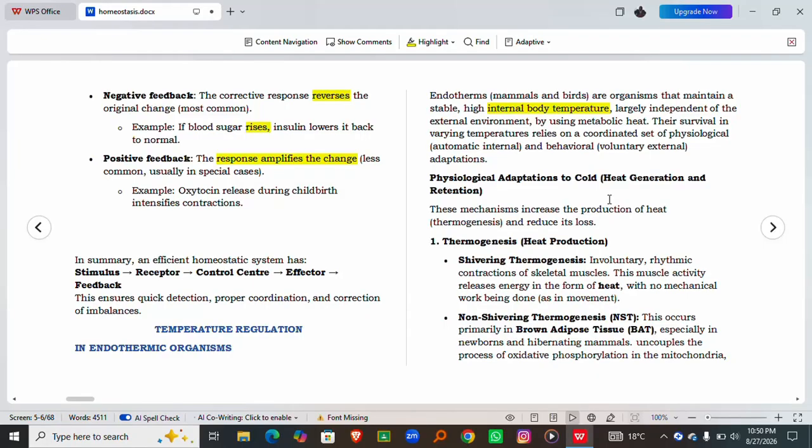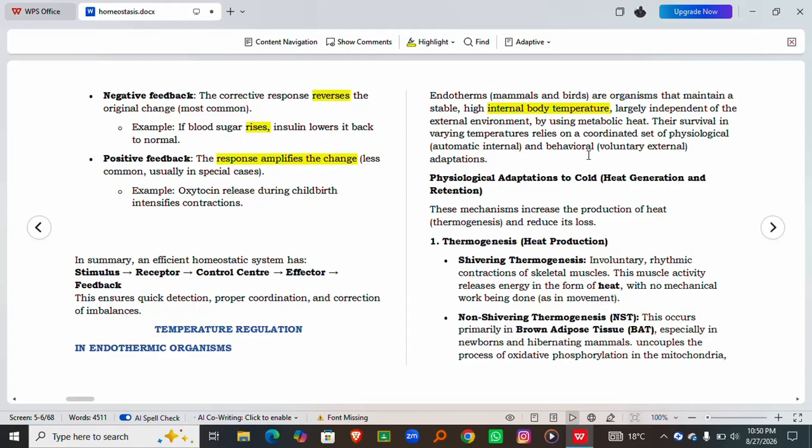The survival of homeotherms in varying temperatures relies on a coordinated set of physiological, these are internal automatic systems, and behavioral mechanisms. Our body temperature is regulated by coordination between the internal body mechanisms, which is the homeostatic control, and the behavioral mechanisms. But all will be driven by the coordinating center, as we shall see.